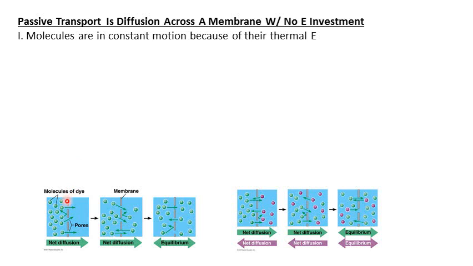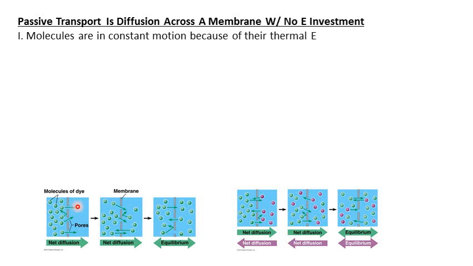Down here, we see these molecules of dye. They're constantly vibrating, bumping into one another, ricocheting off, and by chance, some of them ricochet off at an angle that enables them to go across this selectively permeable membrane. So here's a molecule, it ricochets off of another one, it's going through the pore to the other side.